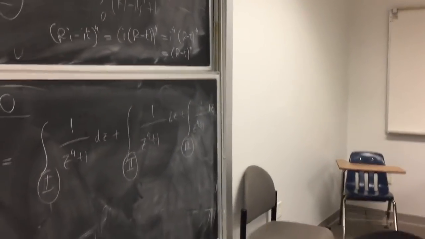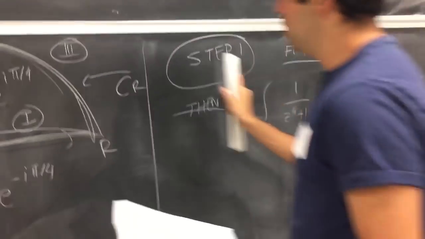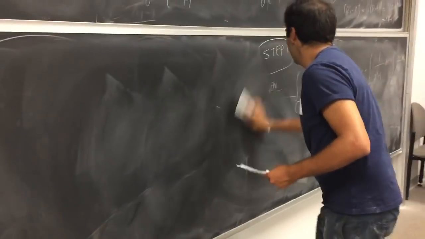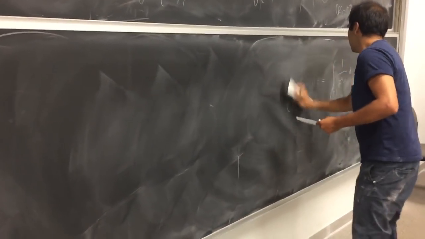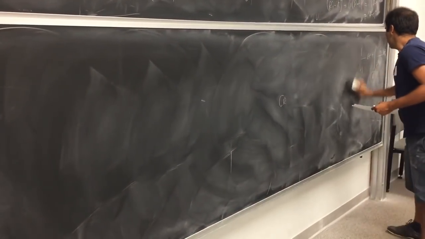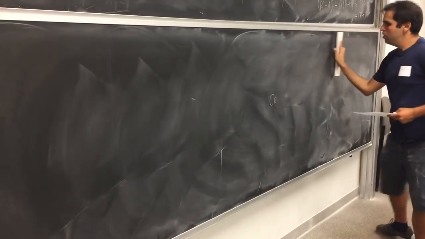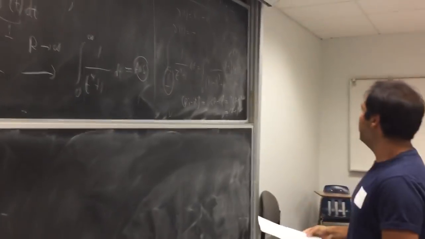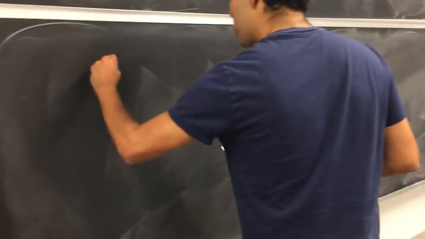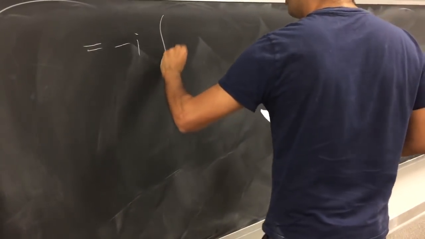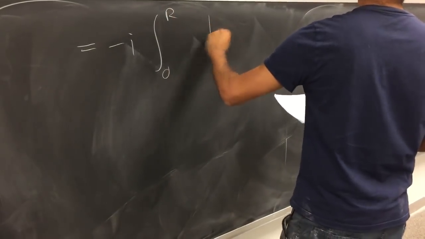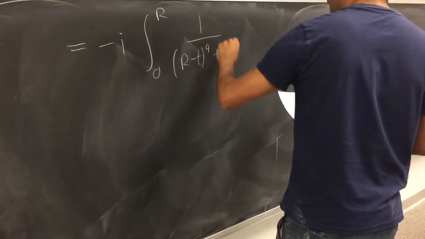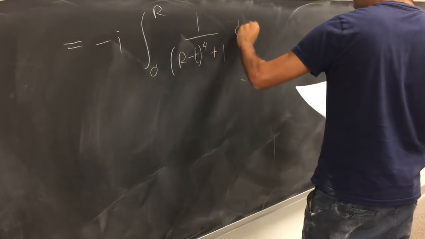So in the end, you have minus i times the integral from 0 to r of 1 over (r minus t) to the 4th plus 1 dt.